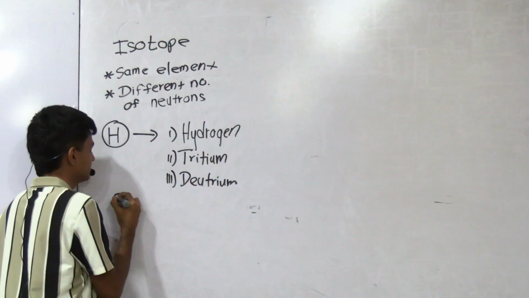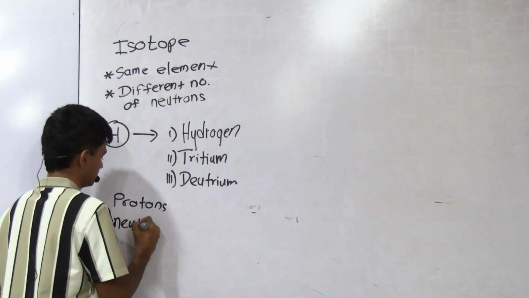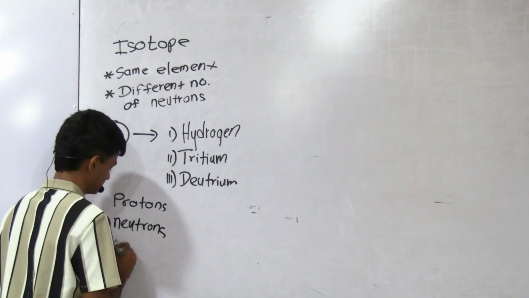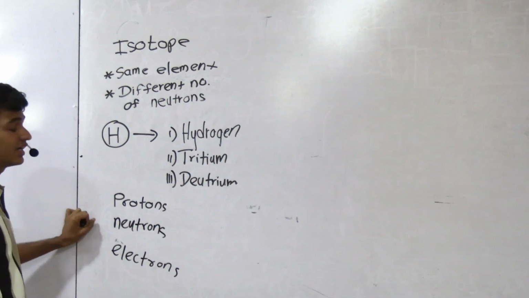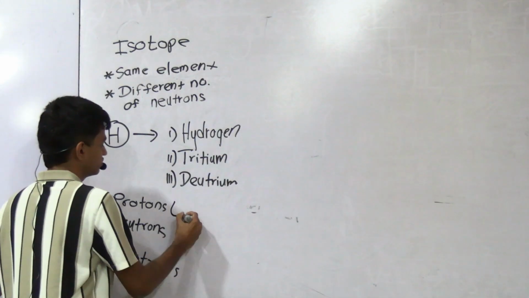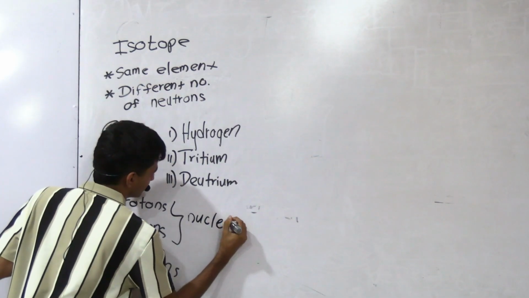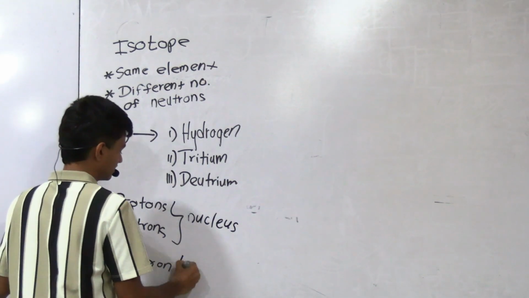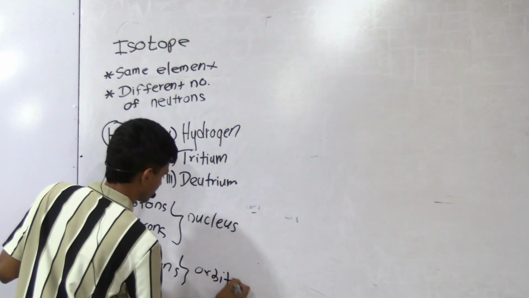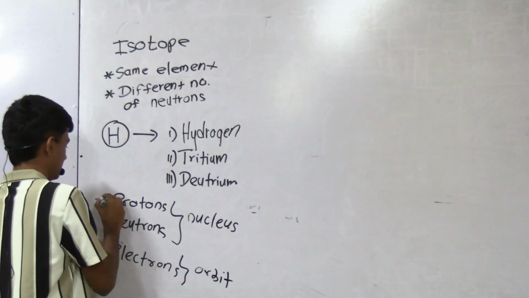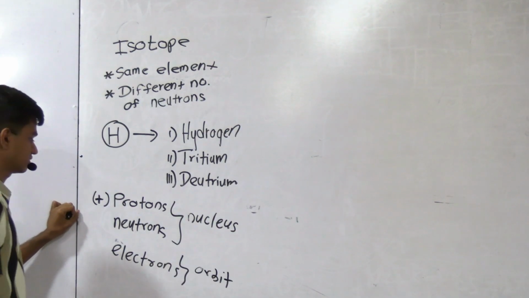Basically, another additional point for you guys: protons, neutrons and electrons. These are the basic subatomic particles in an atom. Neutrons and protons are normally in the nucleus. Not normally, they are in the nucleus. Electrons orbit around the nucleus. They orbit. And I hope you guys know this. Protons are positively charged.